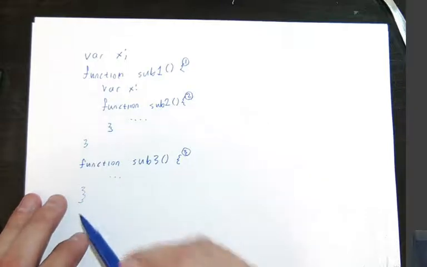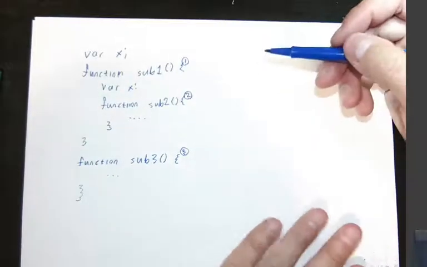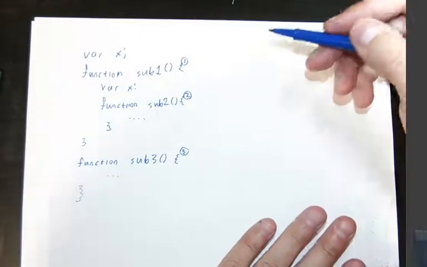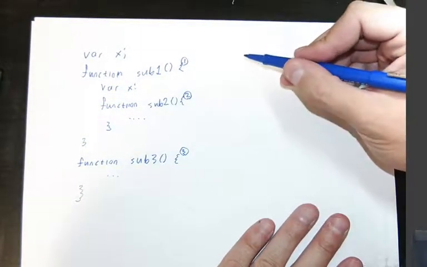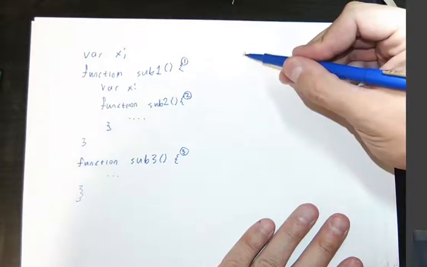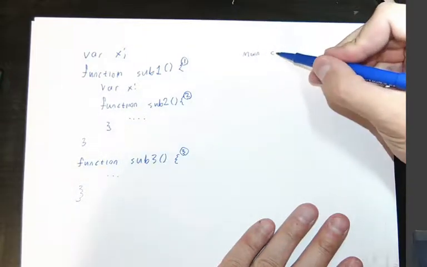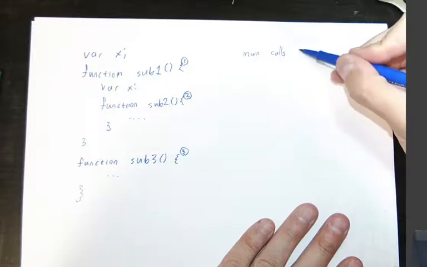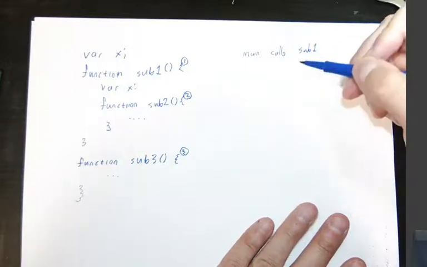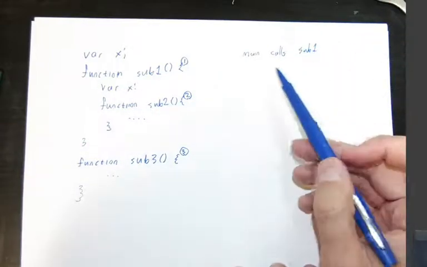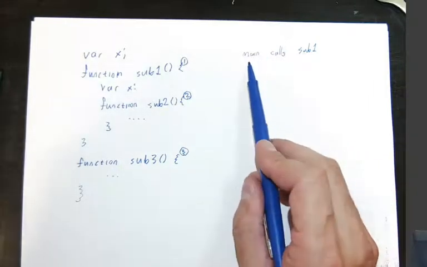Okay. And the question further says that the execution is in the following order. Main calls sub1. Now when they say main, I am not a JavaScript programmer.